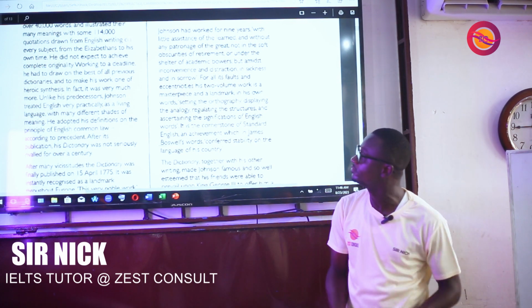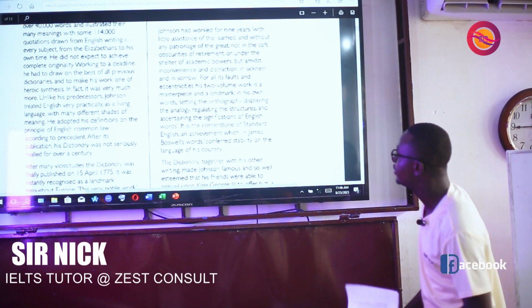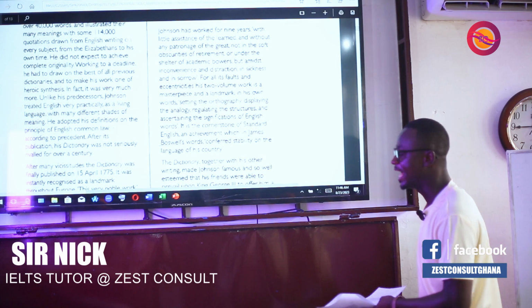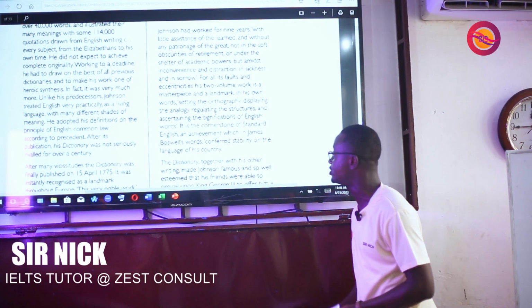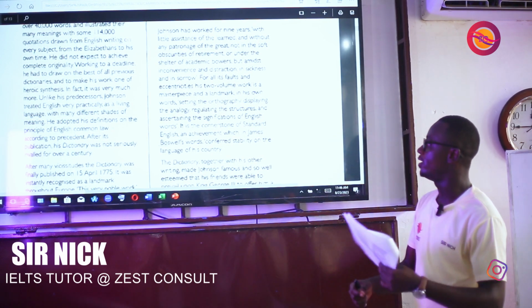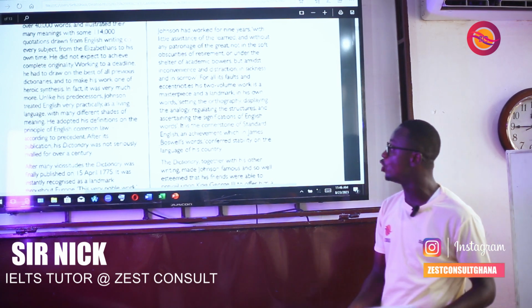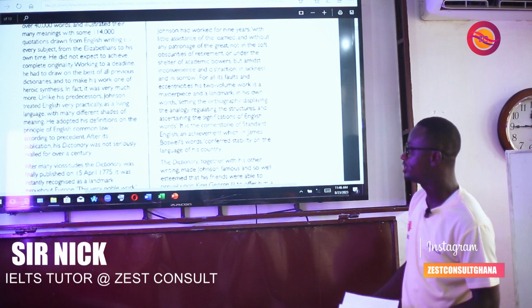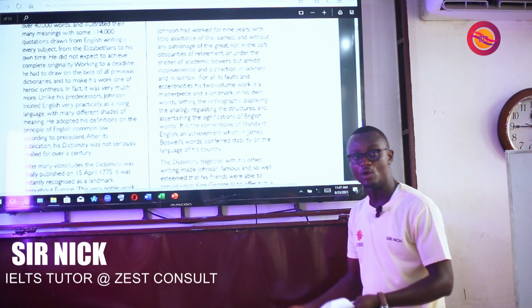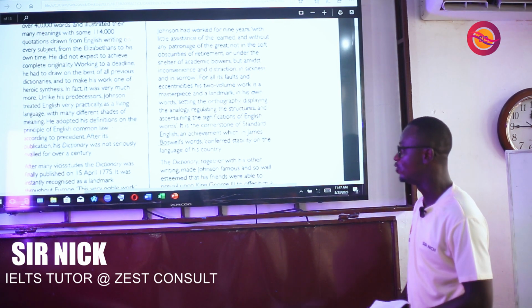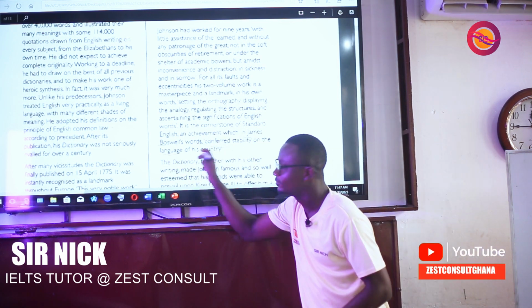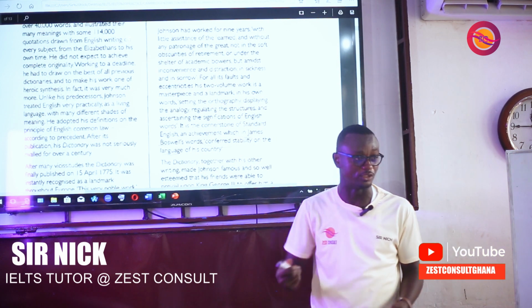In his own words, setting the orthography, displaying the analogy, regulating the structures, and ascertaining the significations of English words, it is the cornerstone of what? Standard English. An achievement which in James Boswell's words conferred what? Stability. On what? The language here is the English word.